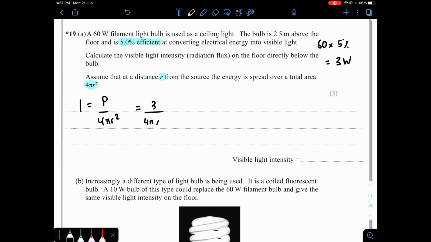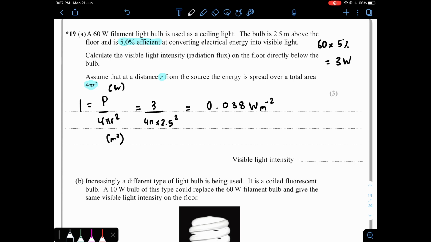So 3 over 4 pi times 2.5 squared gives us 0.038 W per meter squared, because that's watts over meters squared.